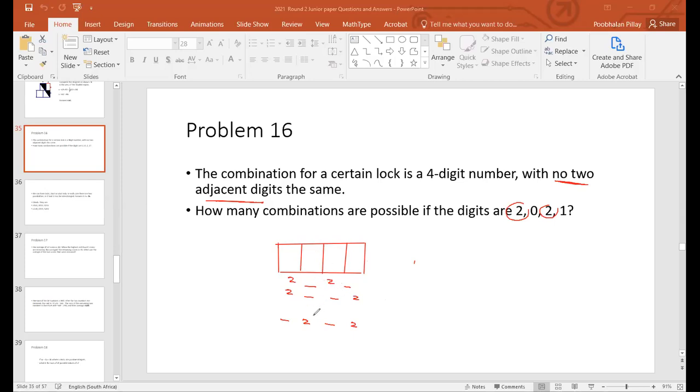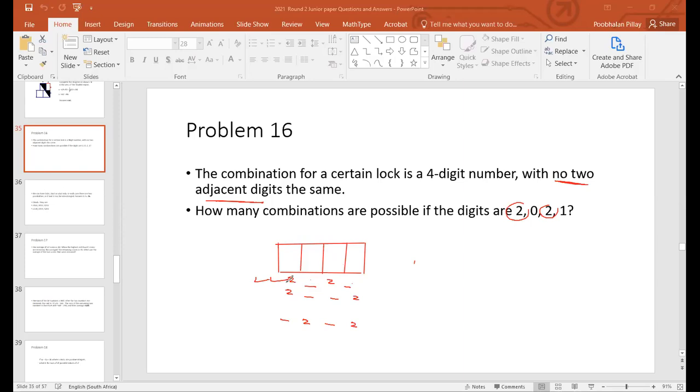And there you have only one answer, the second and the fourth. That's the only possibility with 2 in the second position. Now with 2 in the third position, you're not allowed to count those. And you're not allowed to put a 2 here. So there's nothing there. So there are only 3 possibilities. Now, the other 2 numbers are 0 and 1. So for this possibility here, you can put a 0 here and a 1 here, or you can put a 1 here and a 0 there.